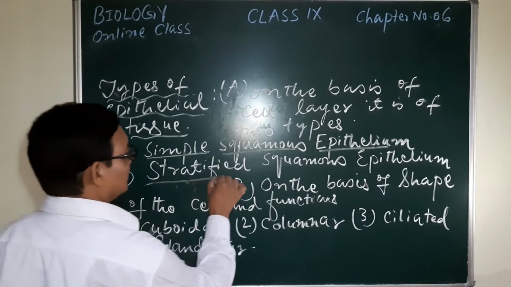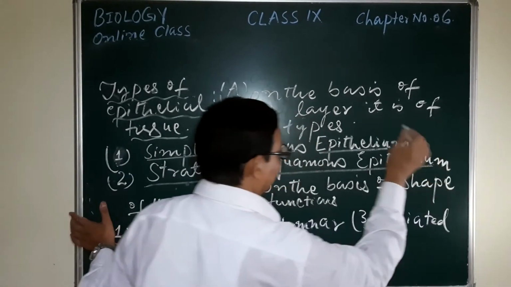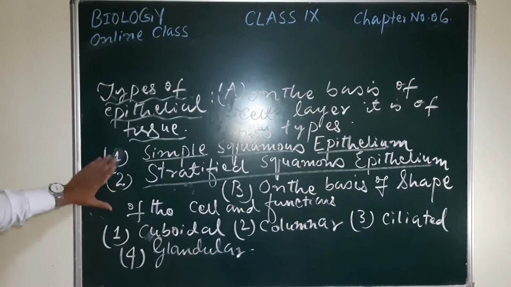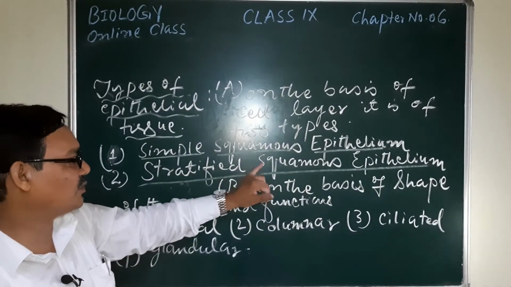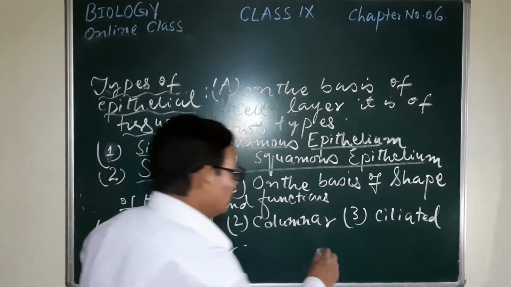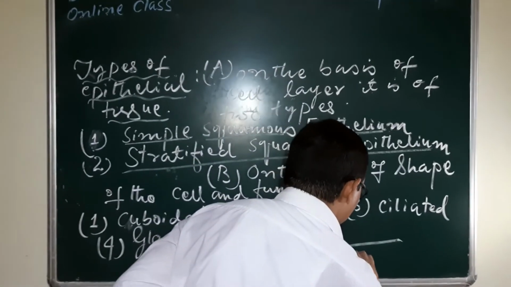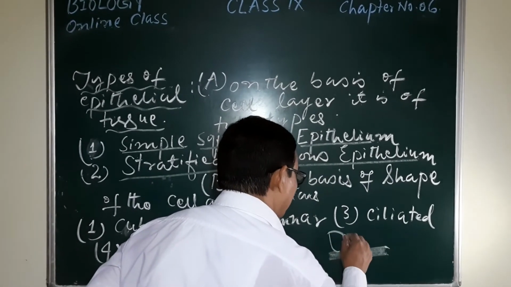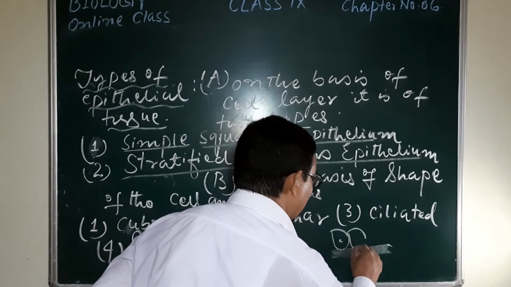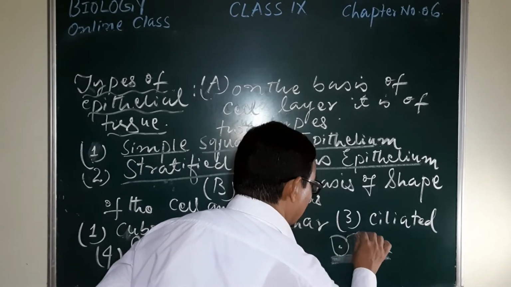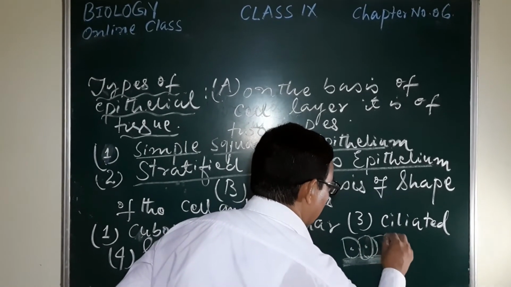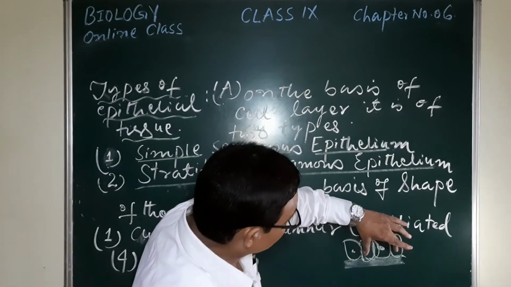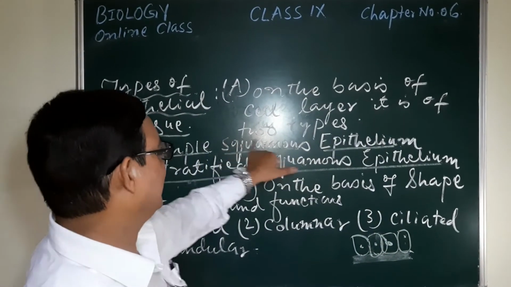The second is the stratified squamous epithelium, where more than one cell layer is present. Here there is the basement membrane, and if on this basement there is only a single layer, then this is the simple squamous epithelium.